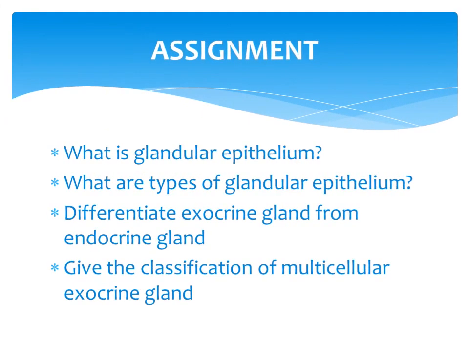The first one, what is glandular epithelium? The definition is given already here. Some of these cuboidal or columnar cells get specialized for secretion and are called glandular epithelium. Question number 2. What are the types of glandular epithelium?